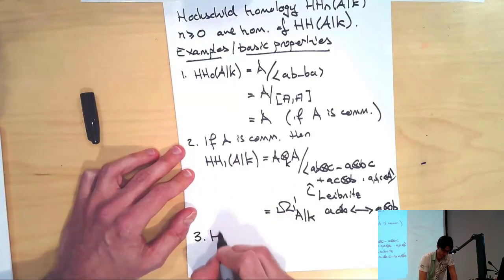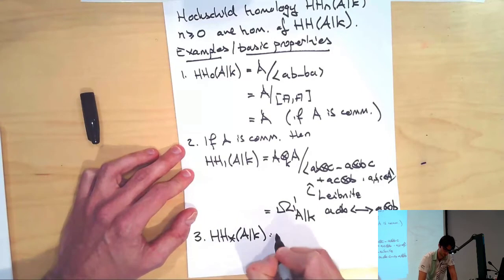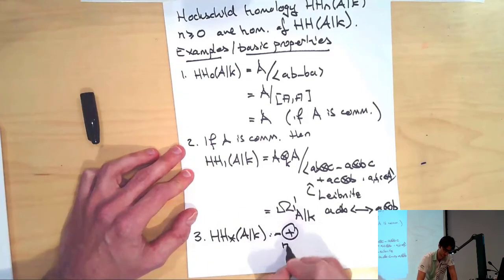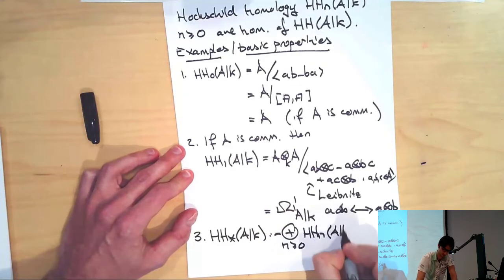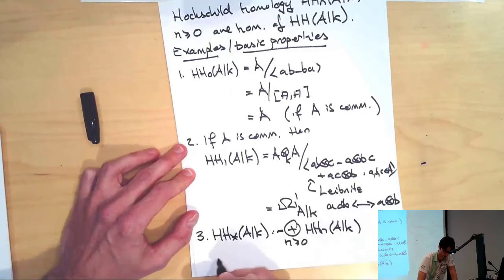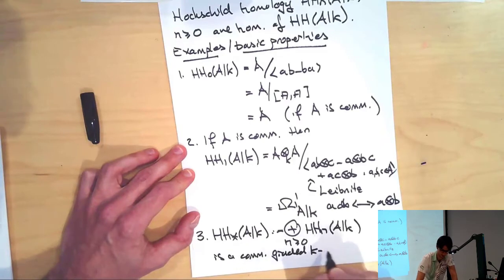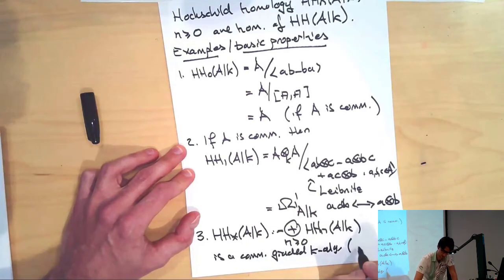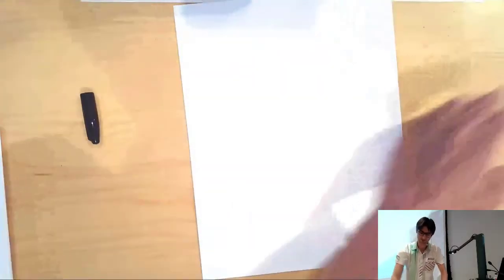So for a basic property, if we can stick all of these Hochschild homology groups together, so that is to say I form this graded object over all of the HHn of A over K, this will be a commutative graded K-algebra, or even A-algebra if A is commutative, which it always is.